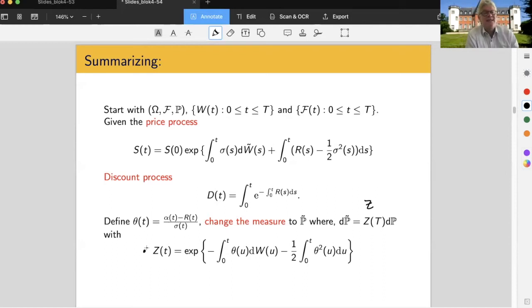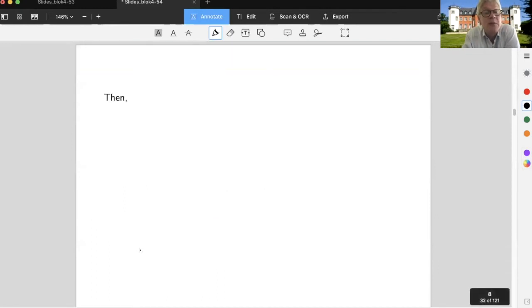And in this setting, the setting of a price process, a discount process, a function theta, and a measure change function Zt, we have shown a couple of properties for all these processes, and we summarize them here.